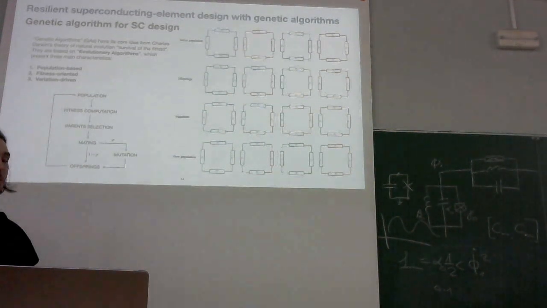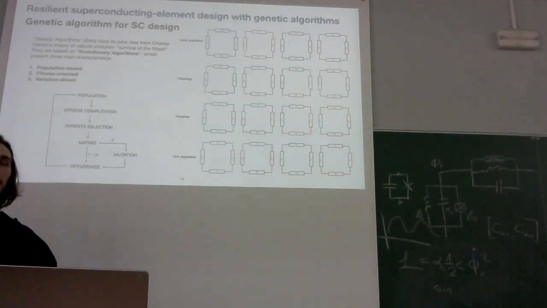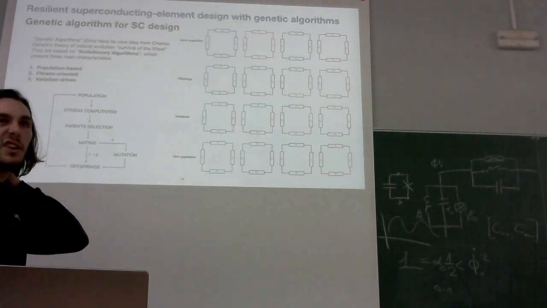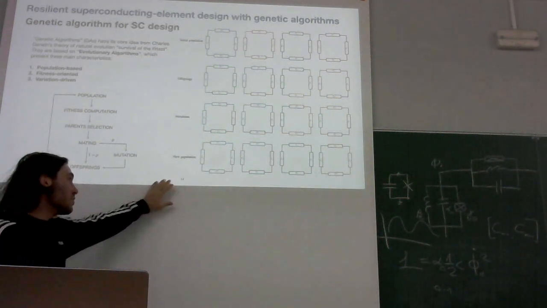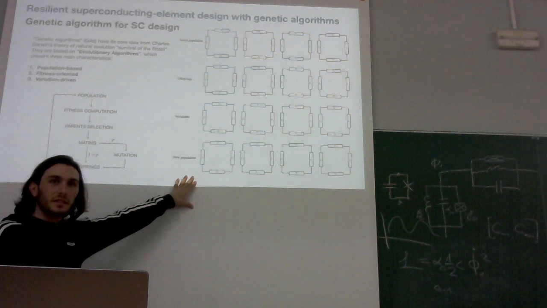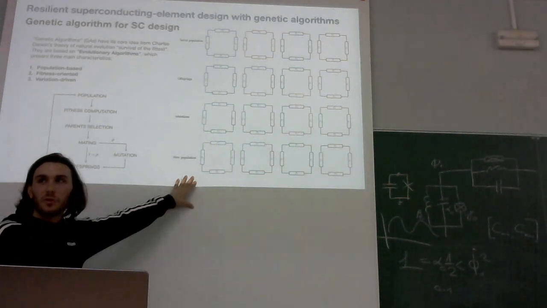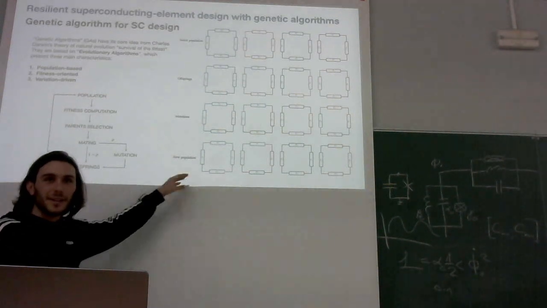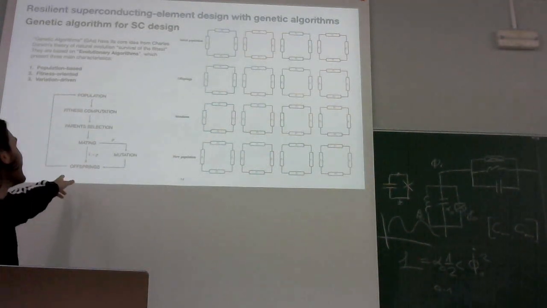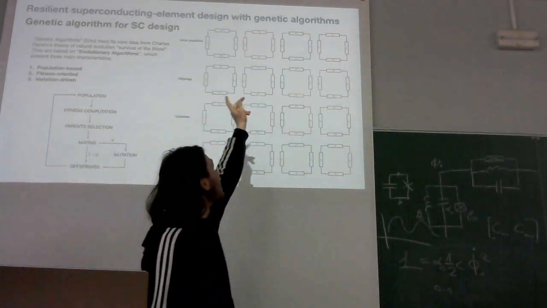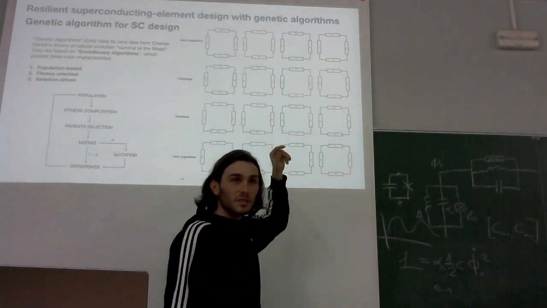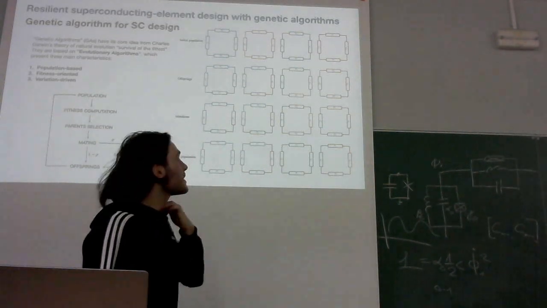I don't understand the question much, but here I'm going to use it for combining circuits. So I'm going to explain how we combine circuits, and then you can repeat the question. In this problem, they start out with the initial population, so initial possible combinations of circuits with certain parameters.